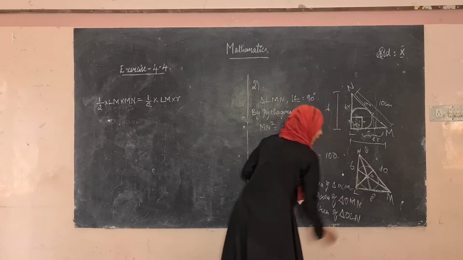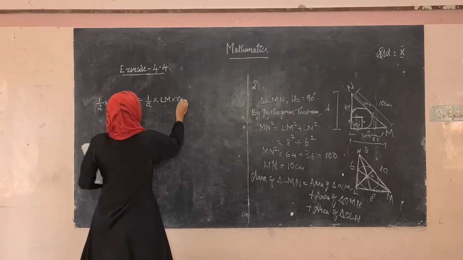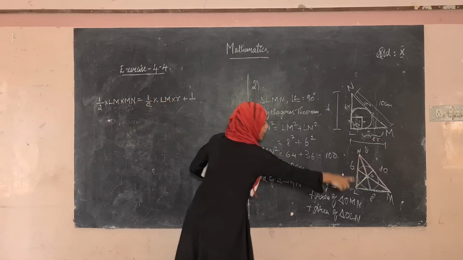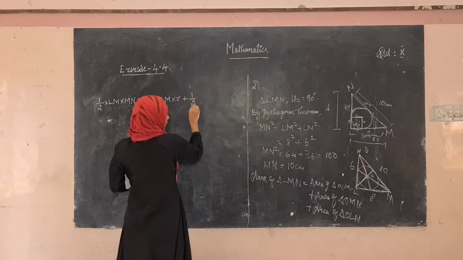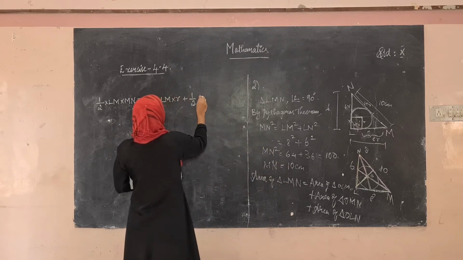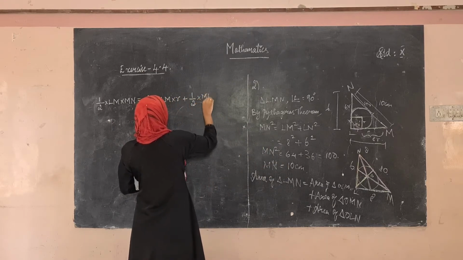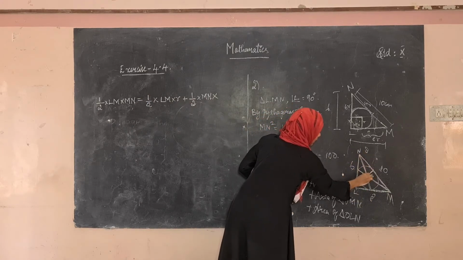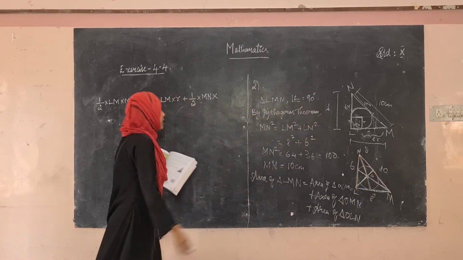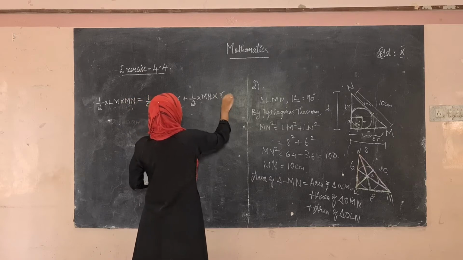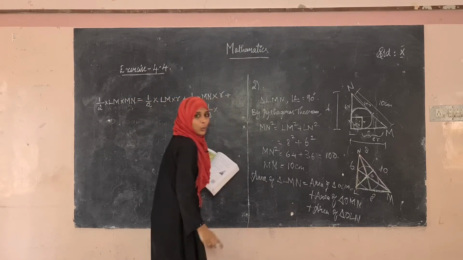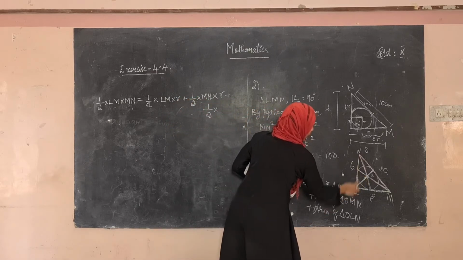That is breadth into height. Plus, the next thing is area of OMN, half into MN into this length. That length is the radius, therefore we are taking it as R. Plus 1/2 into area of triangle OLN, that is LN into this length.